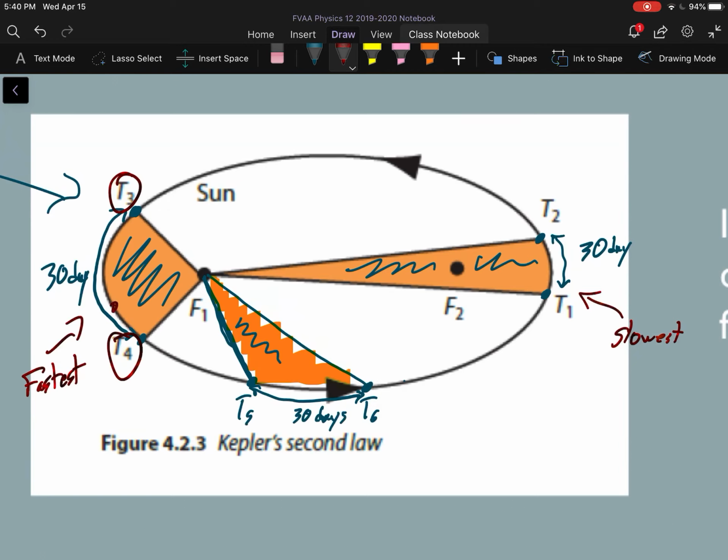When the planet is over here, for example, it has a smaller radius than when the planet is over here. Okay, these are not equal to each other.